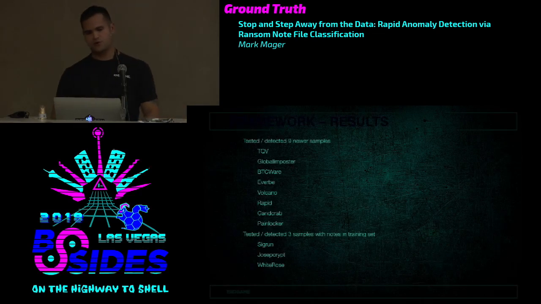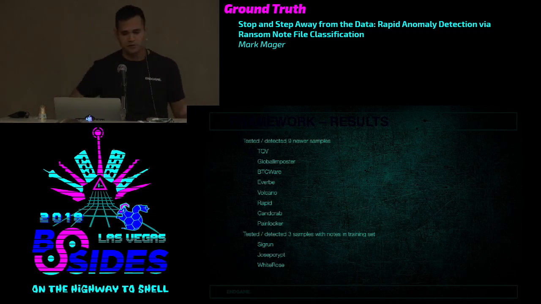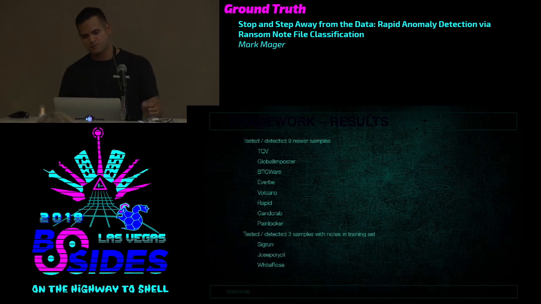Okay, so getting into a few more results, I had time to test this out on a few other newer samples. So 9 samples, 2 of which I showed you, BTCware and Volcano, were tested and detected.